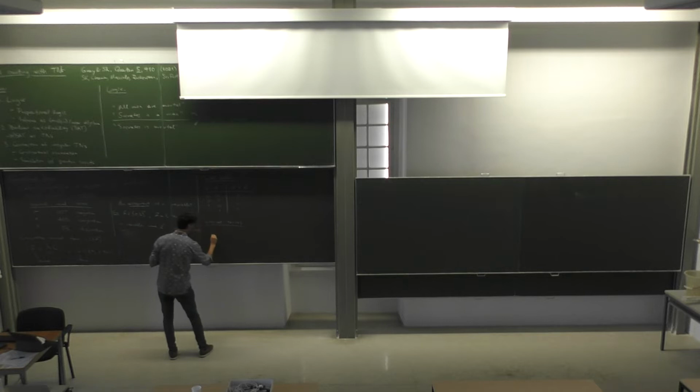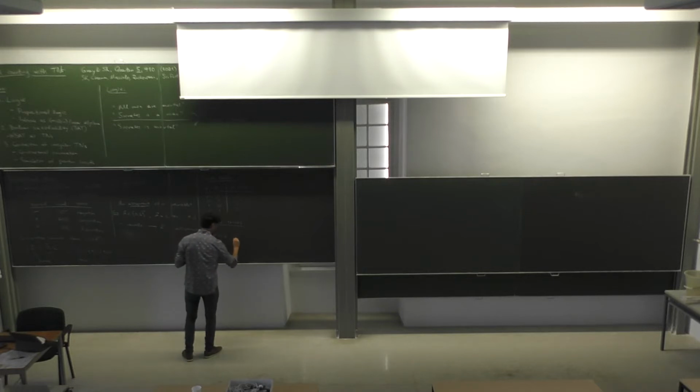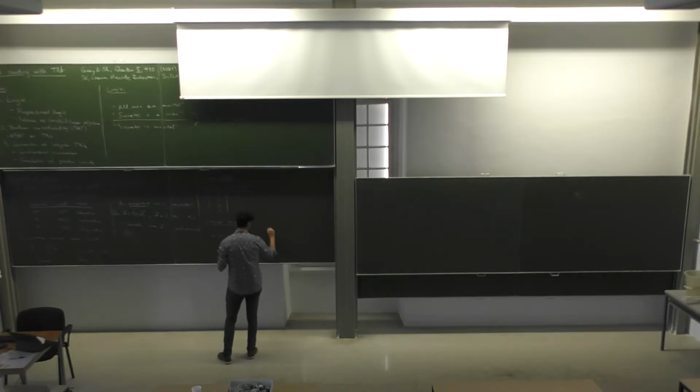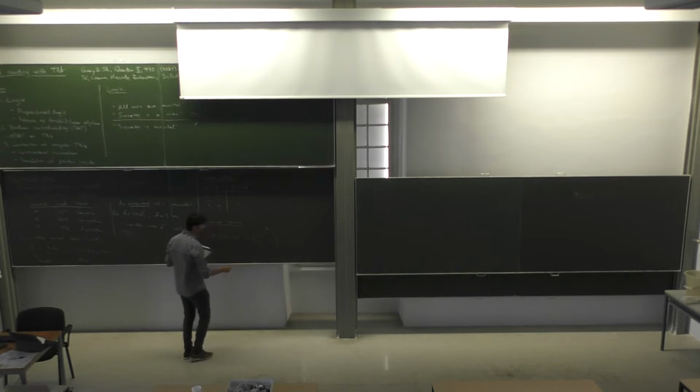So you take A or B, what we wrote here, and in this case, A can take values 0 or 1, and B can take values 0 or 1. And in here, in the tensor, you put the corresponding entry of the truth table.